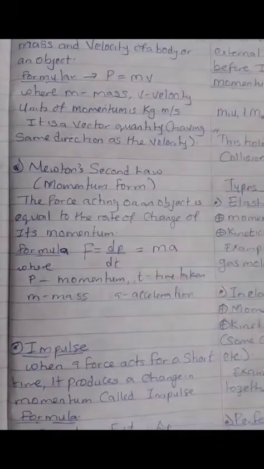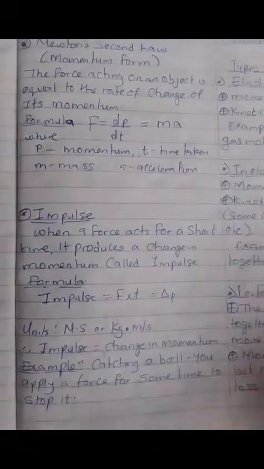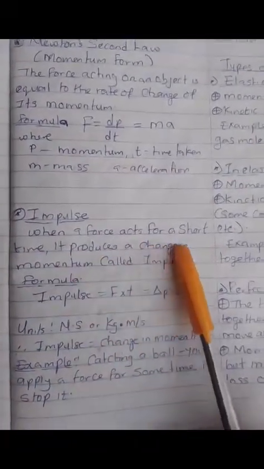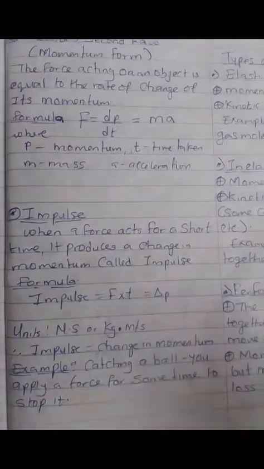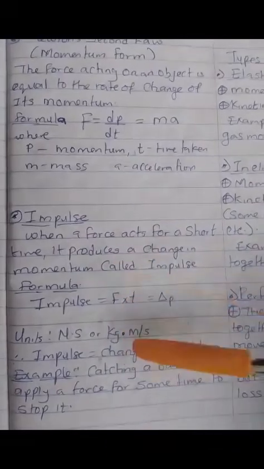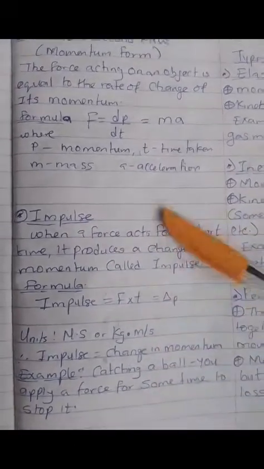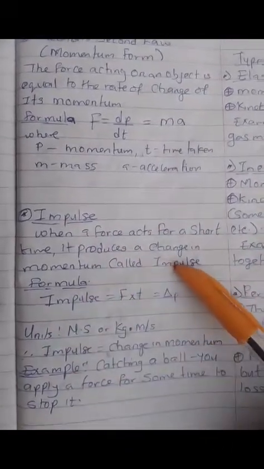Now there is another thing we need to know, which is referred to as impulse. When a force acts for a short time, it produces a change in momentum called impulse. So impulse is the change in momentum.